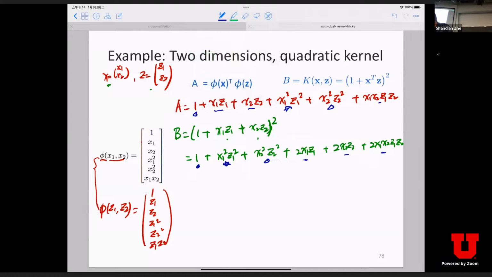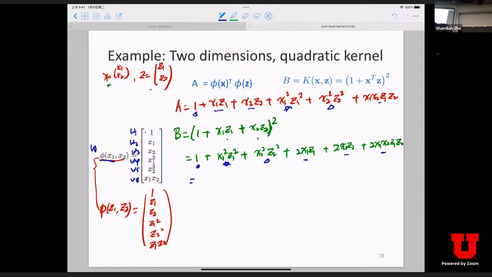Remember when doing A, you're essentially learning a weight vector for this mapped feature vector. That means you're going to have W1 times this one, W2 times X2, W3 times X3, W4, W5, and W6. And this one is equivalent to what?